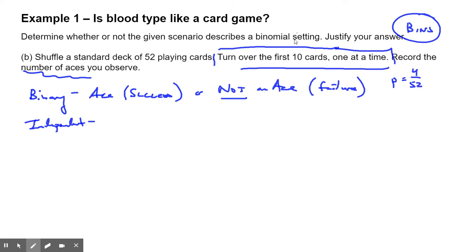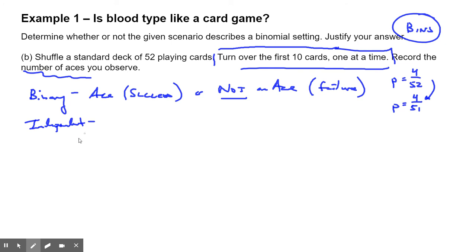Now, this problem does not mention replacement. It doesn't say we're going to replace the first card. It just says now we're going to look at the next card, one at a time. Say we did not get an ace on the first card. Now the probability is 4 out of 51. These two events are not independent. The first turn affects the probability in the second turn.